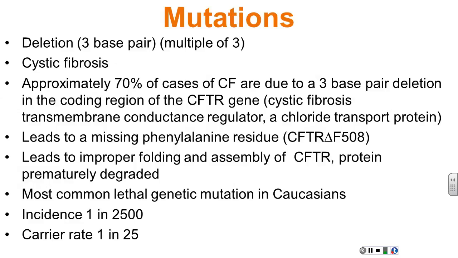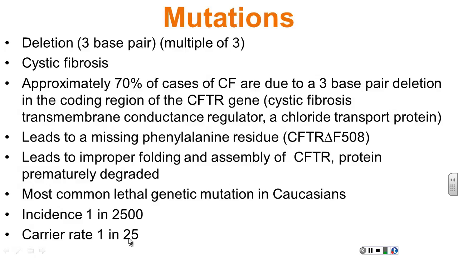So one of the questions you should be asking yourself is, why is that so common? We're going to talk a little bit about that later on in the complications lecture, complications of some of these pedigrees and genetic complications.